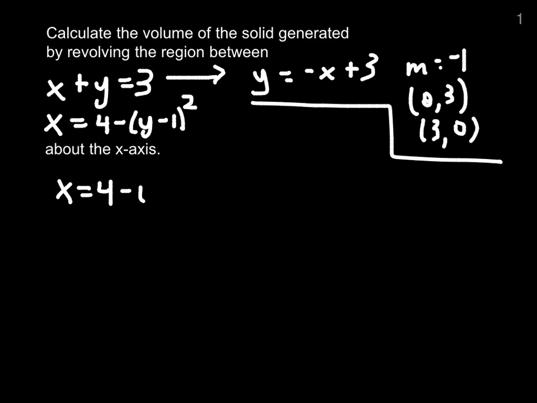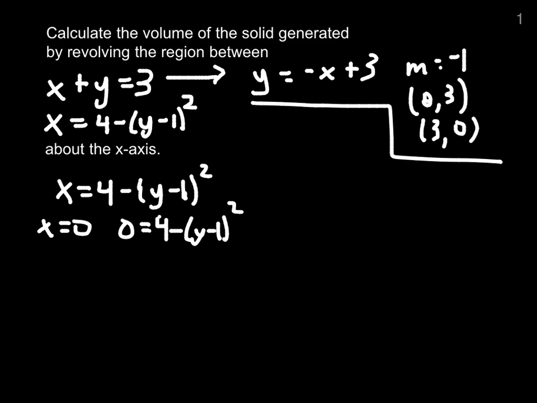What happens when x is equal to 0? If x is 0, then we have 0 is 4 minus the quantity y minus 1 squared, or the quantity y minus 1 squared is 4. When you go to take the square root, don't forget the plus or minus.